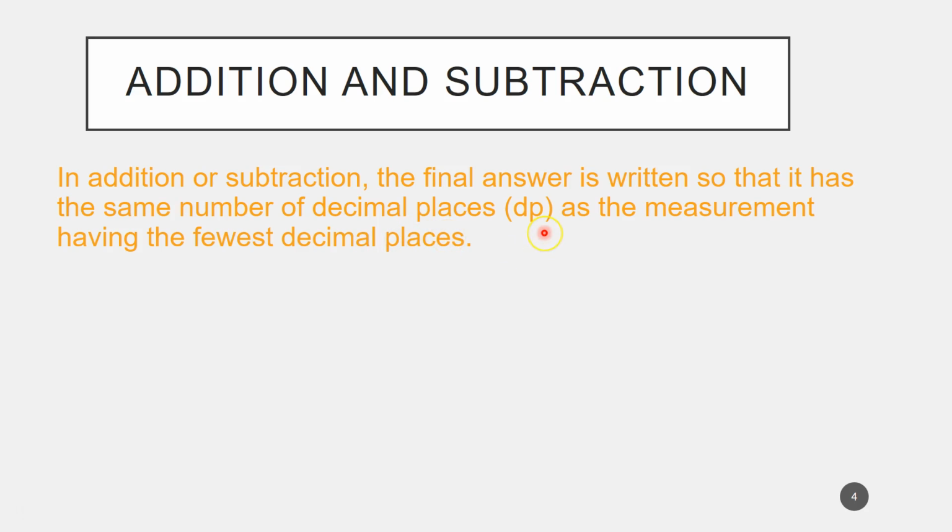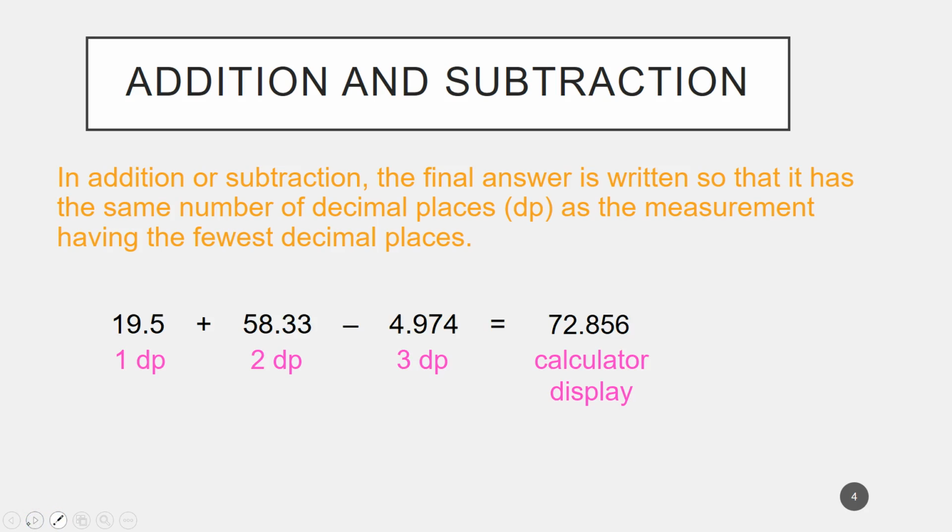So here, I'm not counting significant figures anymore, but rather I'm counting the decimal places. Let's look at the example. If I'm adding 19.5 plus 58.33 minus 4.974, this is going to equal in my calculator 72.856. Do I report all these or do I have to round?